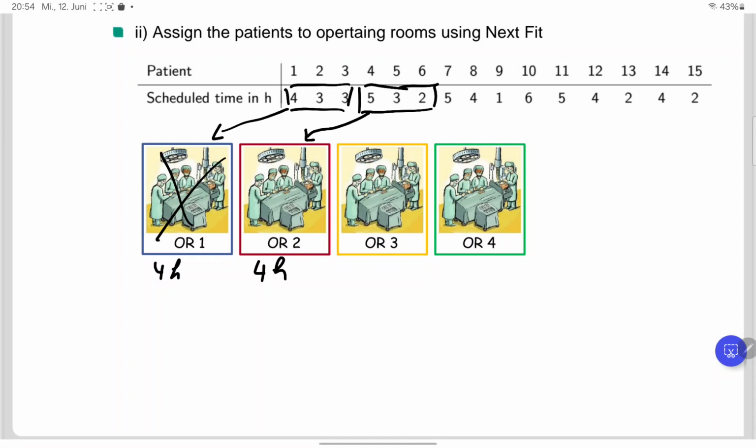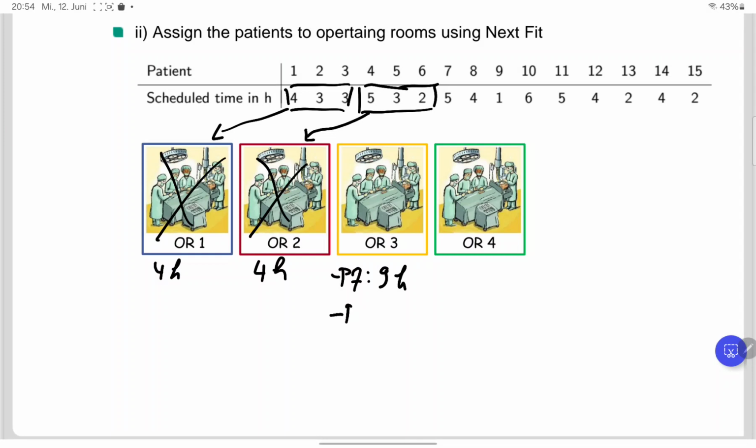So the seventh, we cannot assign to the second operating room because we don't have enough available capacity. So okay, we have to close the second room too. And then we start with a third operating room. So again, 14 hours minus 5, we can now assign the seventh patient, and we have 9 hours left.